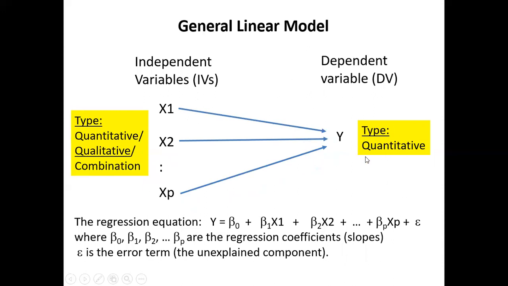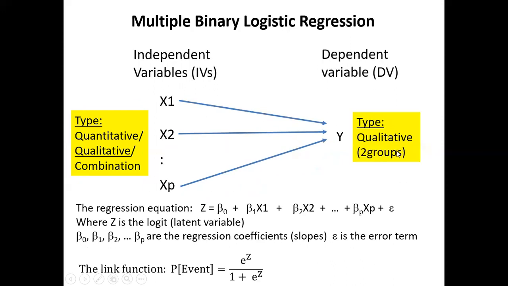Once this becomes qualitative, two groups called binary, and this remains the same, then we have binary logistic regression. So that's how things move from one to another.